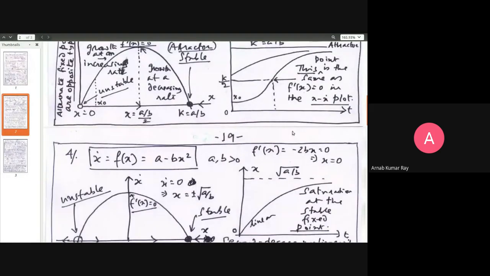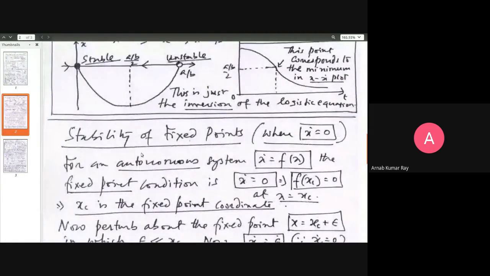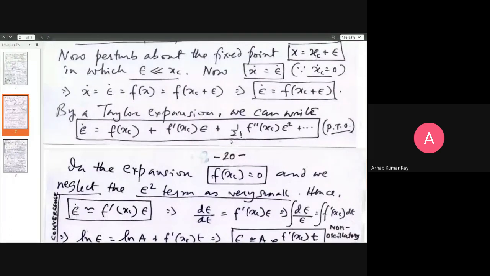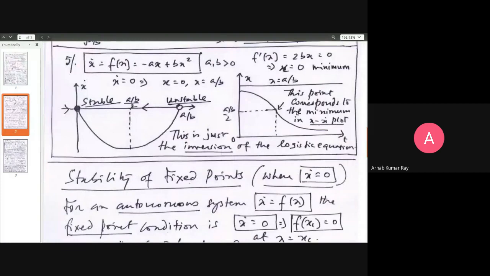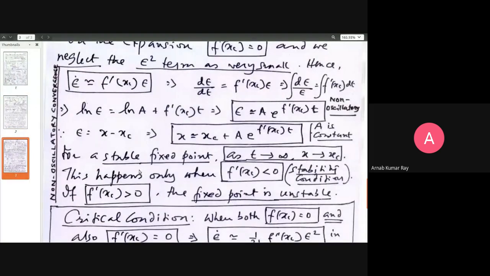Now, why will you need an infinite amount of time to reach the limiting value? The answer is given here: stability of the fixed point. If you start at a slightly deviated distance away from the fixed point, epsilon being the slight deviation, howsoever small it be, to reach the fixed point you will need an infinite amount of time.